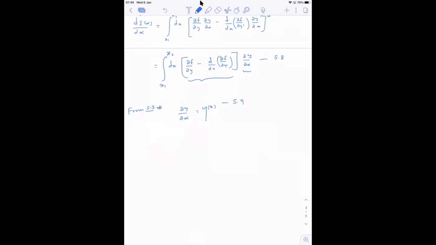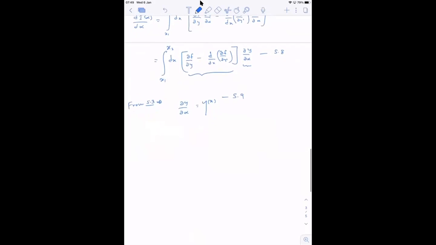Now let's combine 5.8 and 5.9 to have a final expression for dI over dα.